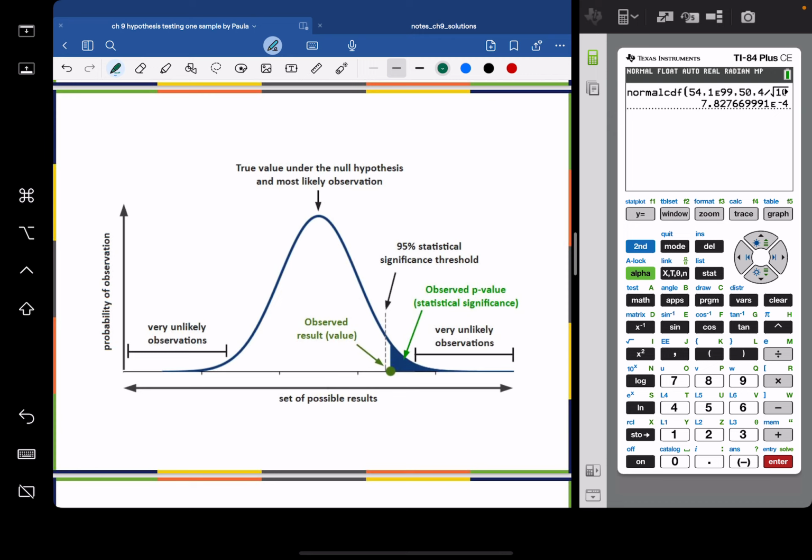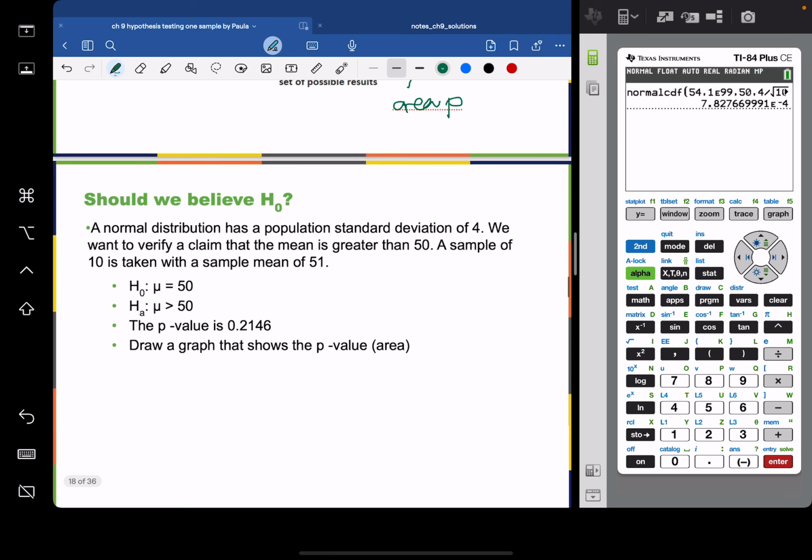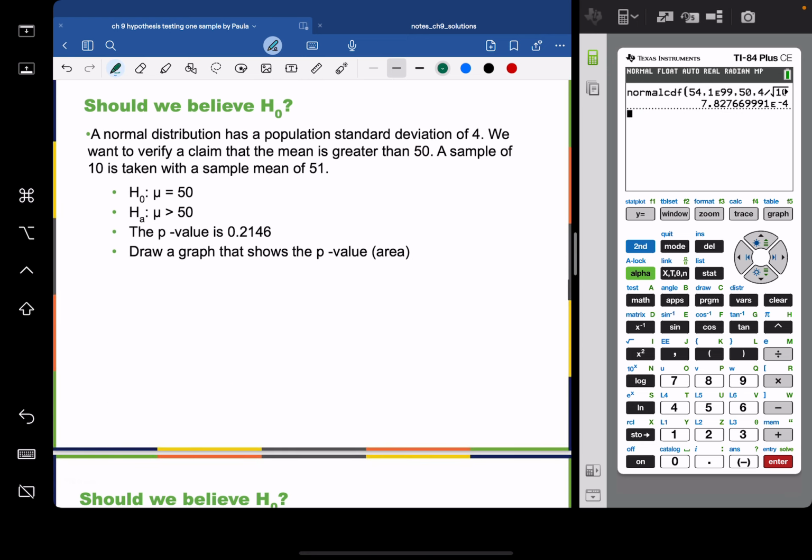So this could be our sample mean or our sample proportion, this green dot. And so the area to the right of it becomes our area P. And again, we're pretty far from what we would have expected if the null hypothesis is true, so we're getting a little bit suspicious. And we're going to get that area P and then compare it to alpha. So should we believe the null hypothesis?